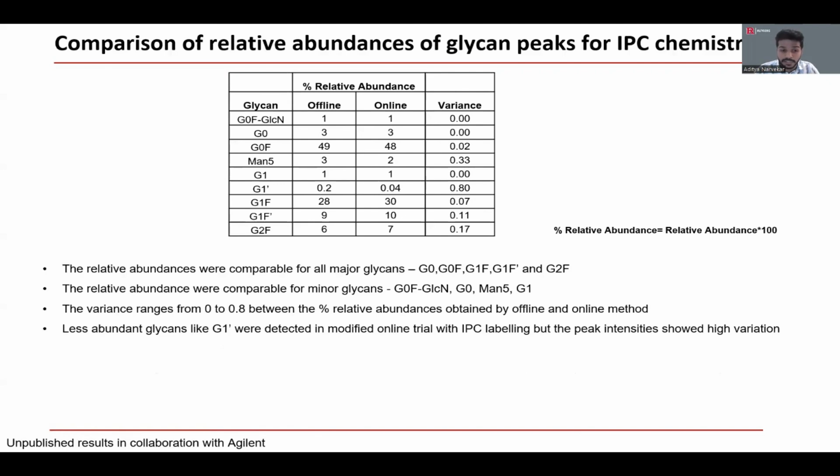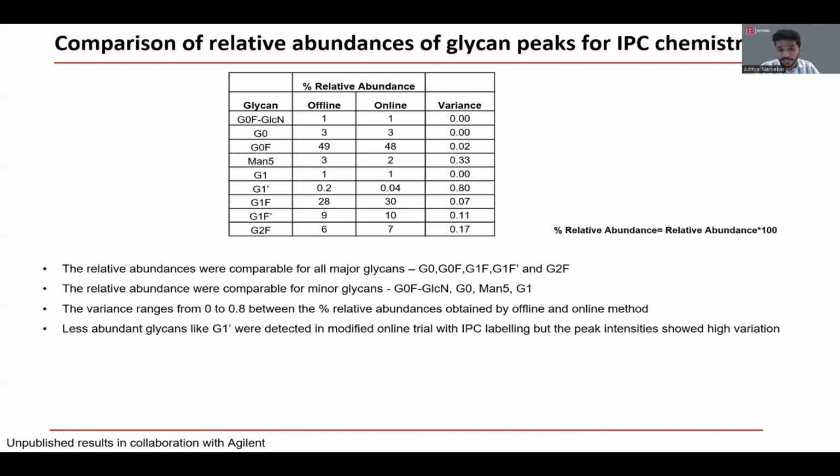The relative abundances even for the minor glycans like G0F GlcNAc, G0, MAN5, G1 were also similar. The variances range from as low as 0 to as high as 0.8. And that 0.8 variance is for a less abundant glycan, which is G1 prime.